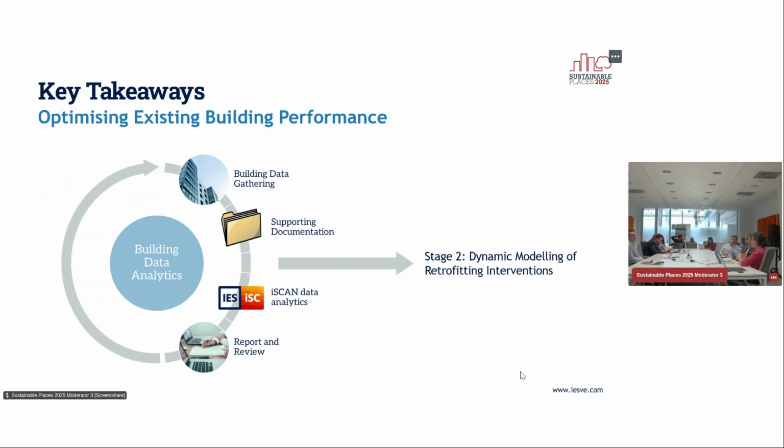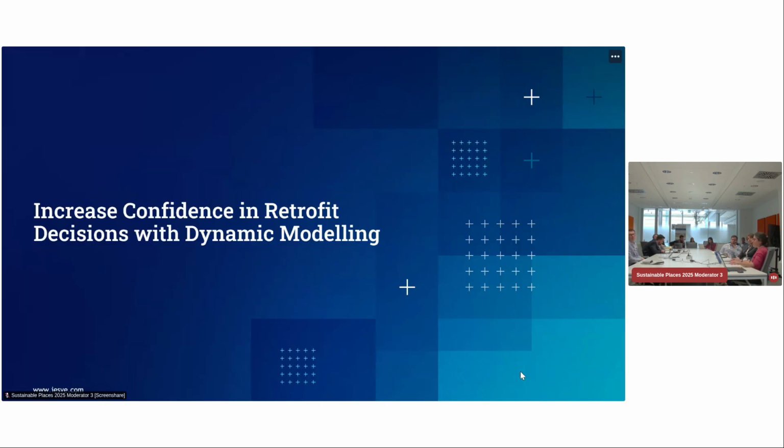It then enables us to move on to the next stage, and that is the dynamic modeling of those retrofit interventions. That is when we use that data, bring it into dynamic simulation and use it to increase the confidence in making design decisions when retrofitting a building.